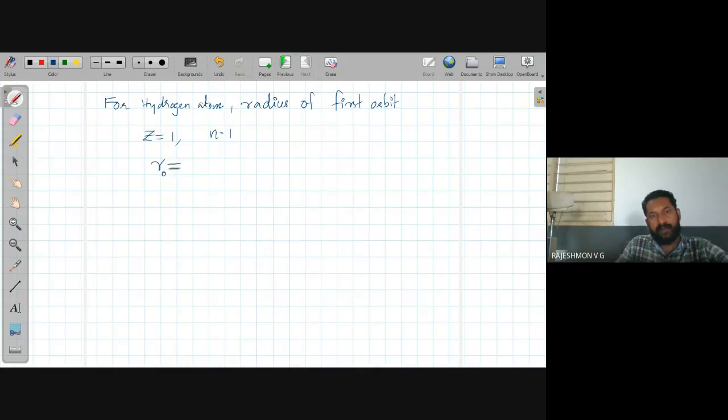Denote it as r0. r0 is epsilon 0, 1 square, h square divided by pi m e square.